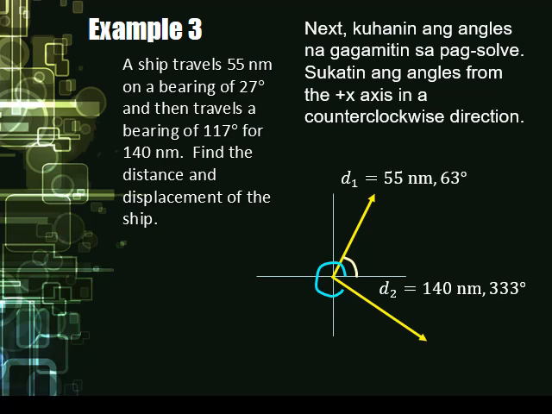Now, yung isa naman, yung D2. So, dito naman, starting from positive x, going in a counterclockwise direction. Okay, ito yon. Ano yung angle nito? So, remember na kapag gumawa ka ng isang buong ikot dito, ayan, that is actually equivalent to 360 degrees.